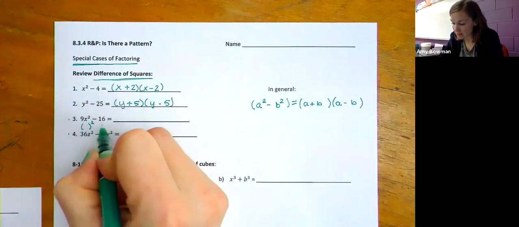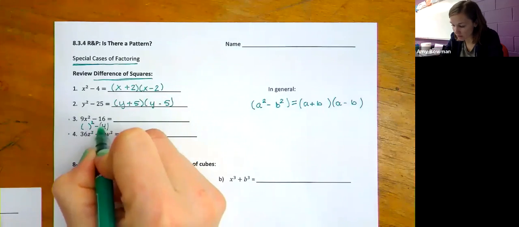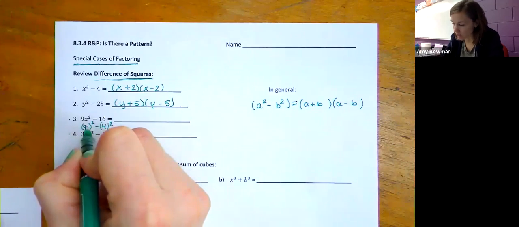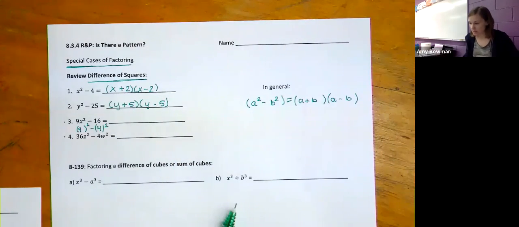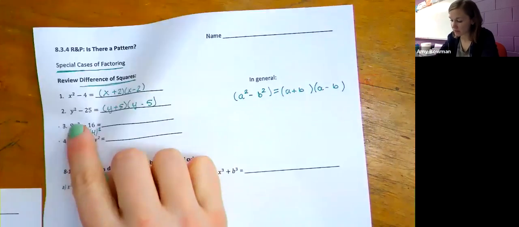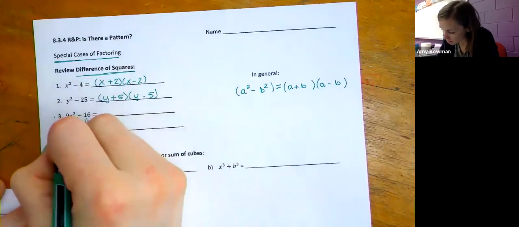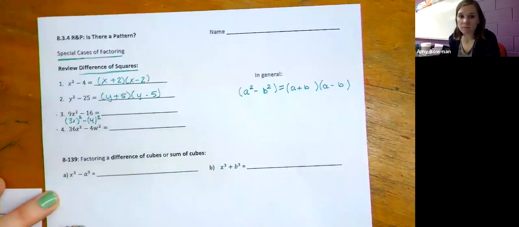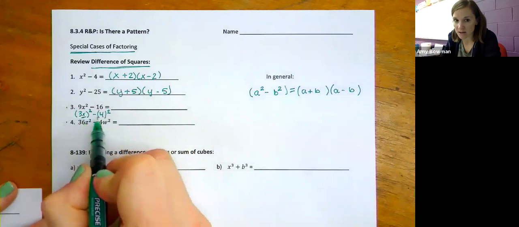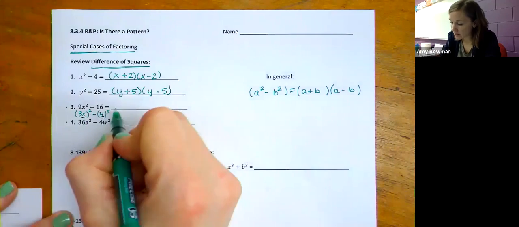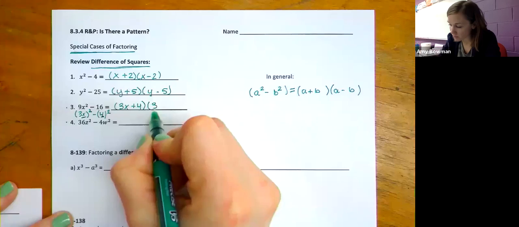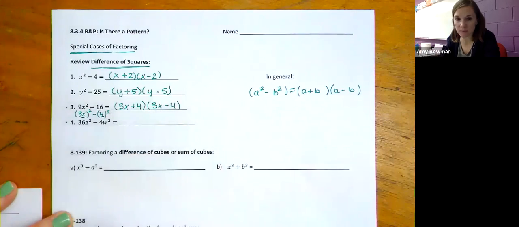To get 16, we're squaring 4. And to get 9x squared, we're actually squaring 3x, not 9x. So that 9 is also a perfect square. Once you've identified the a value, 3x, and the b value, 4, I can apply it. So it would be 3x plus 4 times 3x minus 4.